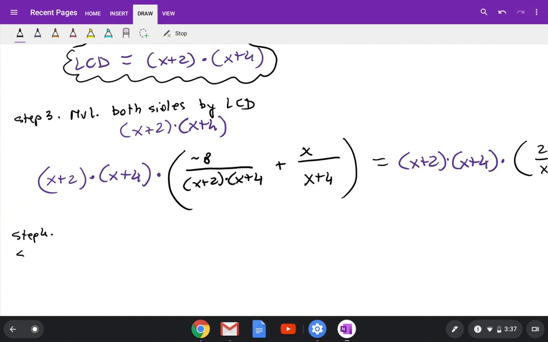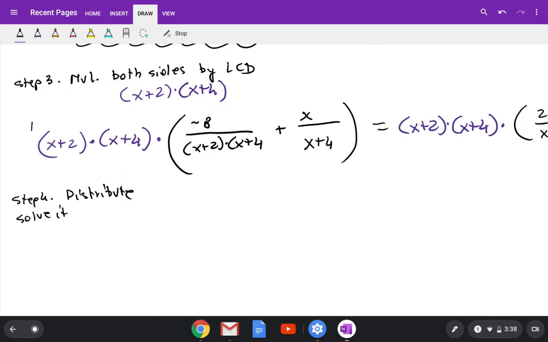So you have to distribute, okay? What we're going to do, we're going to take that LCD right here and multiply by the first fraction and then by the second fraction.